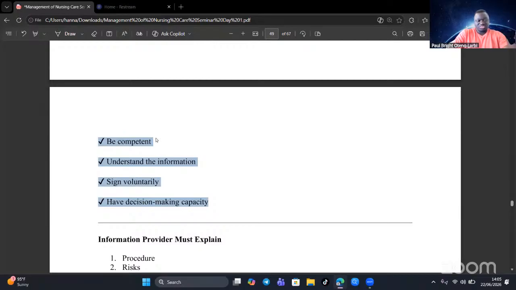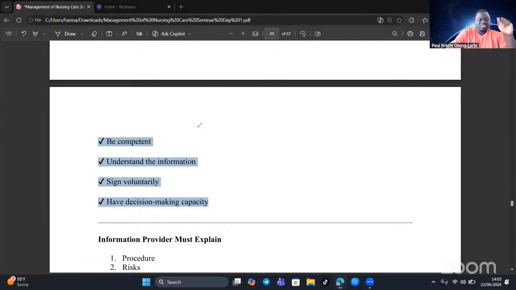Because you, the nurse, should check: is my patient competent? Did he or she understand the procedure that is going to be done? Did they sign the consent, and do they have decision-making capacity or mental capacity?